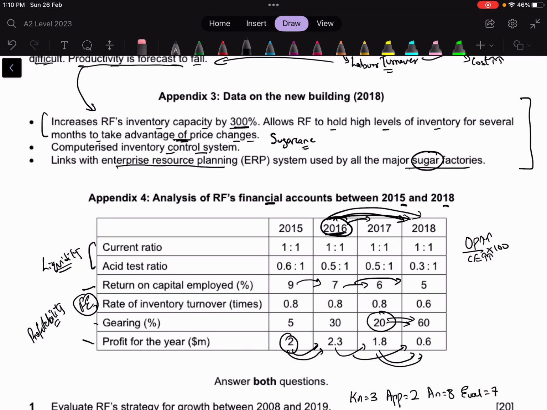So if you want, you can discuss liquidity if you're more comfortable with it, or you can talk about the rate of inventory turnover, which seems to be falling over the period of years, and considering it's a farming business, it would be better if inventory turnover is relatively higher. So this is pretty much the analysis.